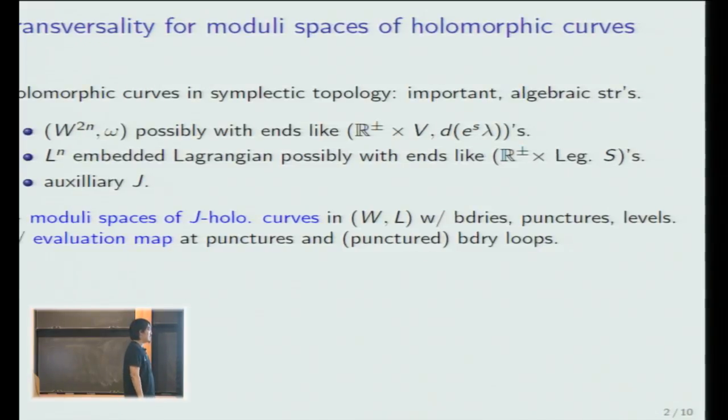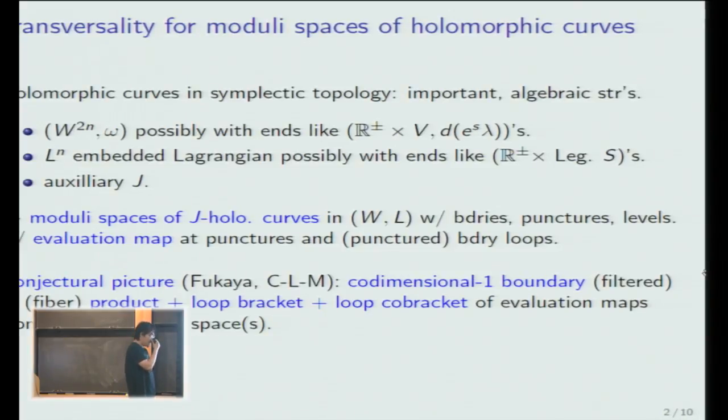In the moduli space, it can have boundaries, punctures, and levels. There will be a picture in the next slide. And they come with evaluation maps at punctures and also on the boundary loops.